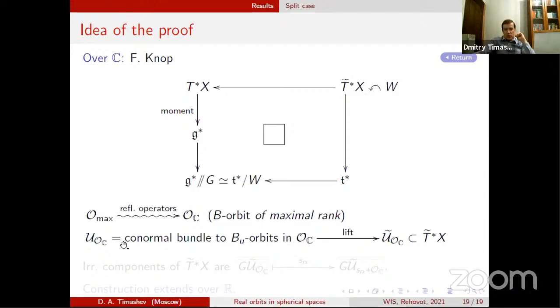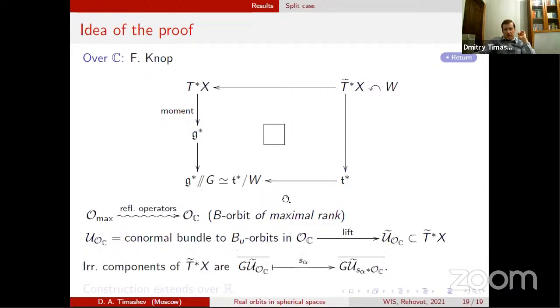So this is not a conormal bundle to a single orbit, it's a conormal bundle to a foliation. Let me denote it by U over O_C. This conormal bundle can be canonically lifted to the polarization of the cotangent bundle. I won't explain how; it is in Knop's paper.